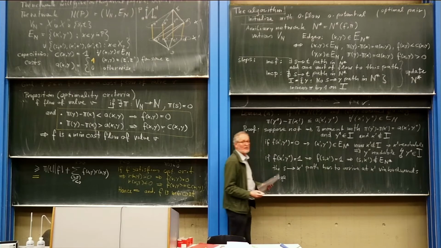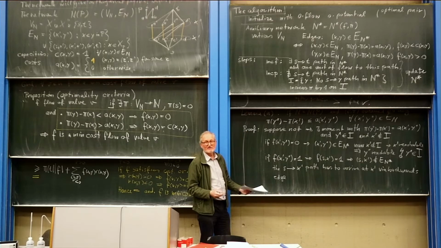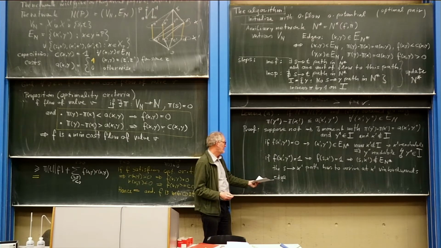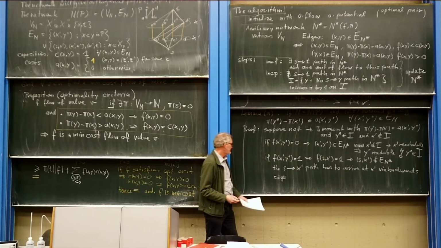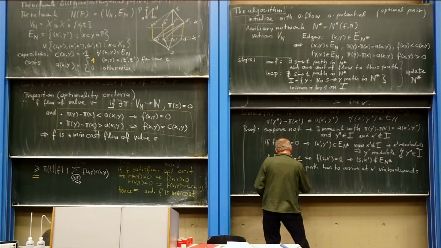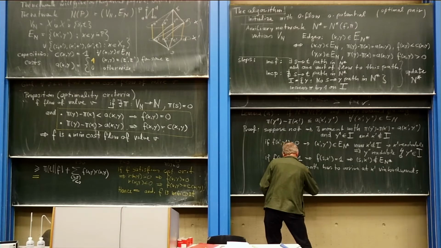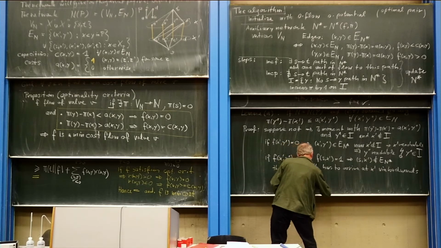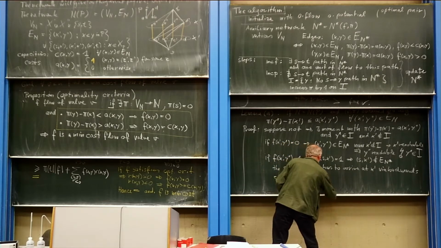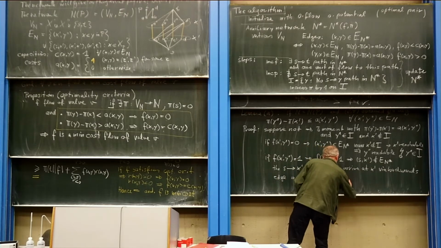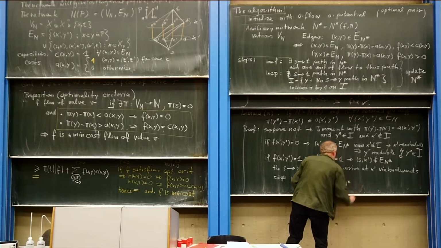But now the only backwards edge which is a candidate here must be y double prime x prime in E of N star.